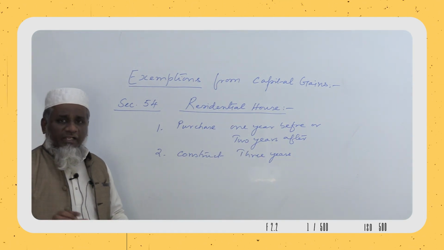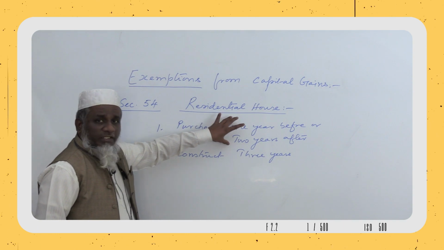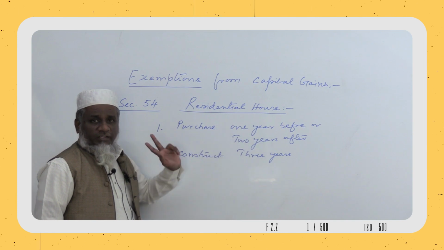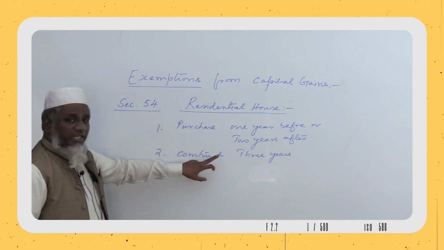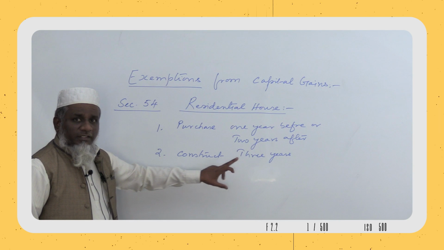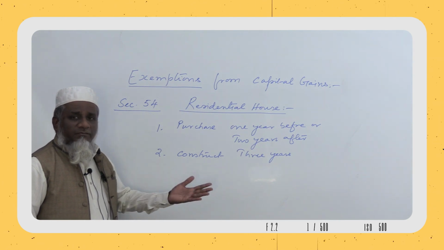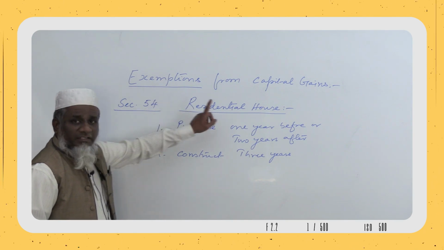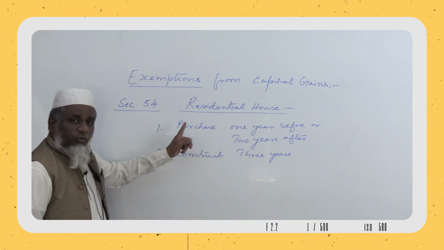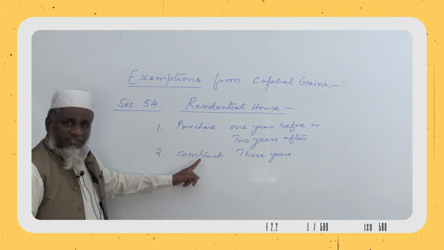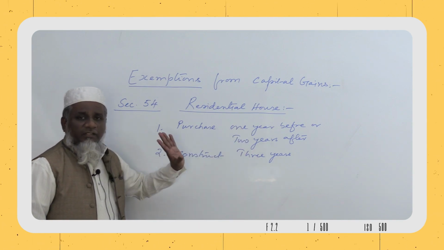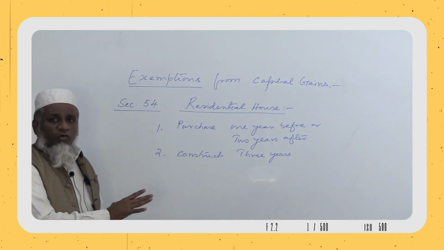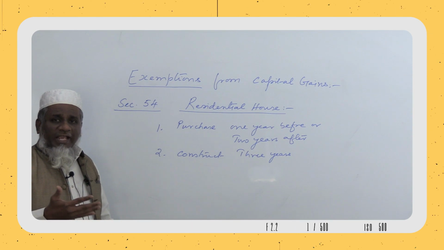So you must be very clear. For purchase, the period is 1 year before or 2 years after, or he should construct within 3 years. Then he can claim exemption under section 54. Very simple. The sale is of a residential house, then you should purchase or construct within the time limit. Then you can claim section 54 so that you can reduce your tax liability.